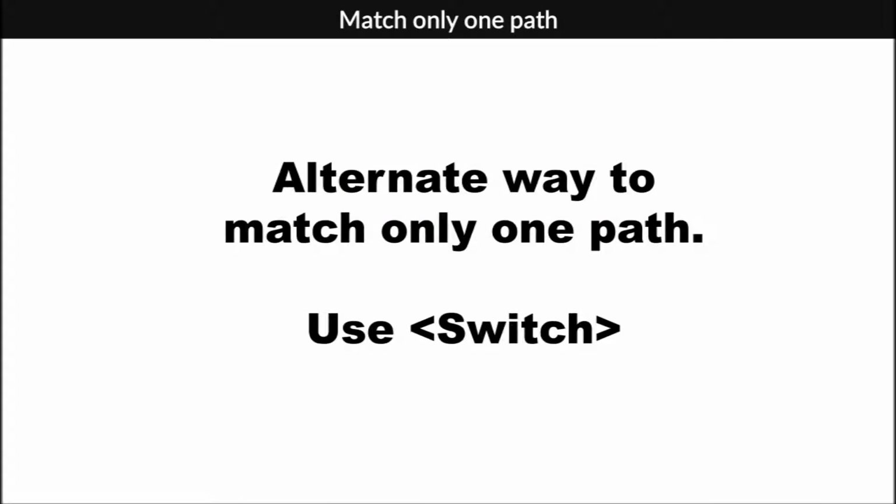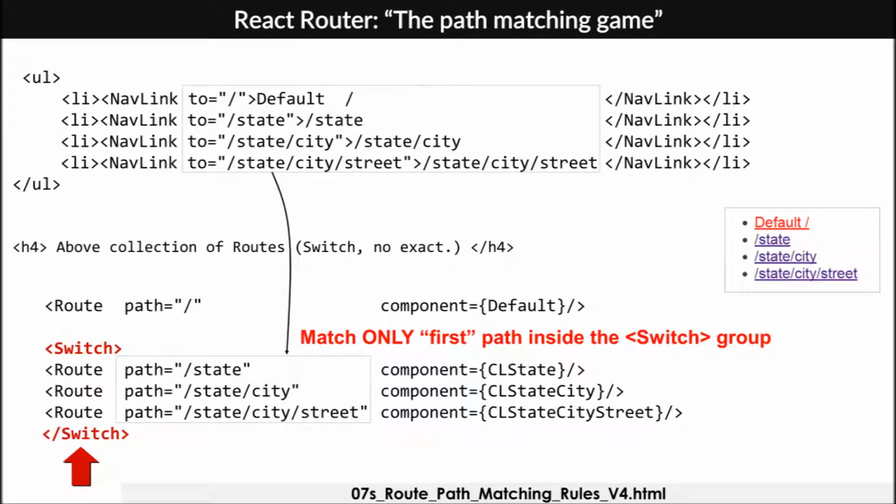There's an alternate way to match only one path, and that is using the Switch tag. Here's what it looks like. The NavLink part is exactly the same, no change whatsoever. Down below, I've left the route path / just as it was before, standing alone, but the other three I've wrapped inside Switch tags. Start Switch, end Switch.